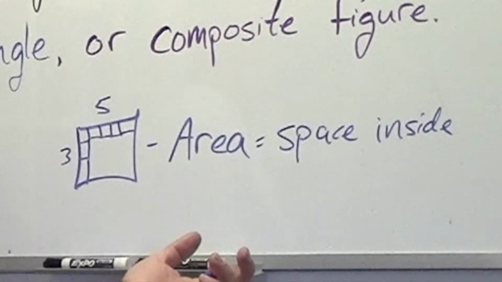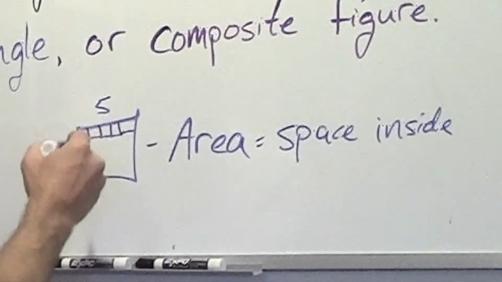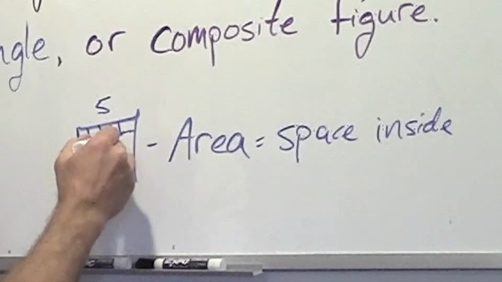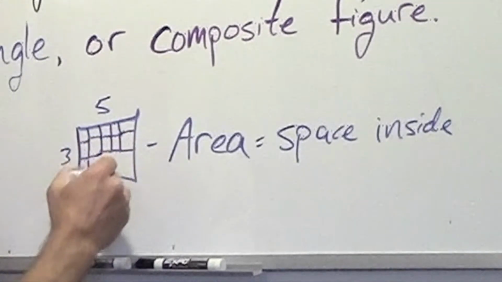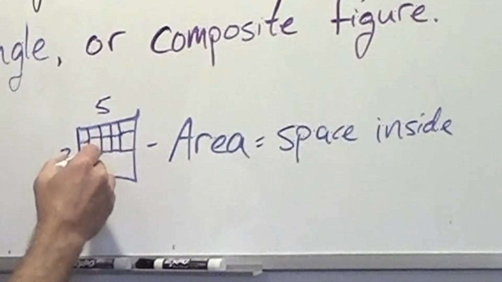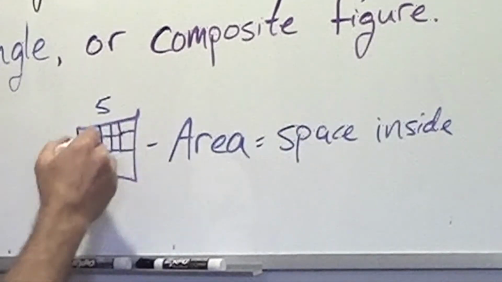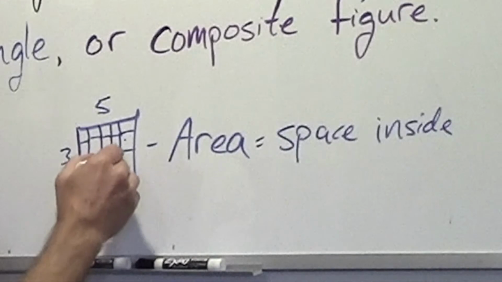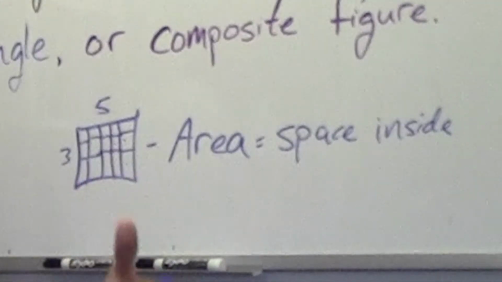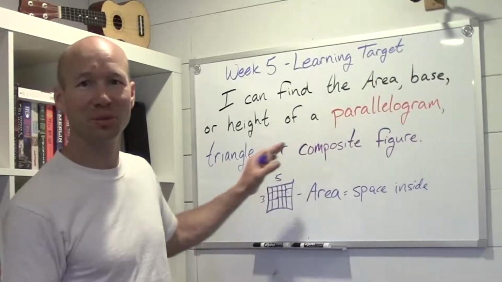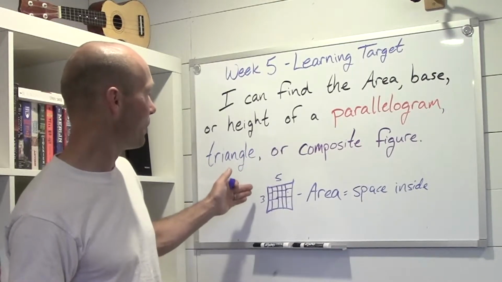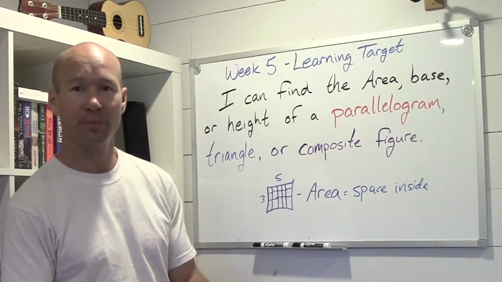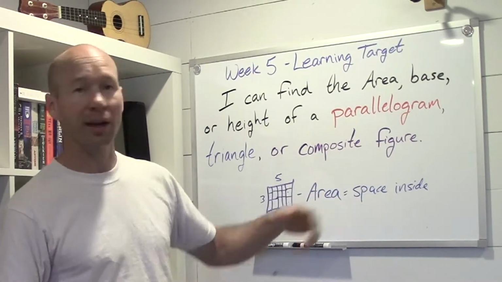So what's the area going to be? Well, I can either count them all up. 1, 2, 3, 4, 5, 6, 7, 8, 9, 10, 11, 12, 13, 14, and 15. So I get 15 squares. Or obviously we can just multiply the base of 5 and the height of 3. 5 times 3 is 15 to find the area.